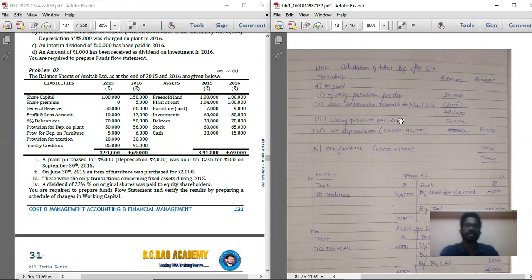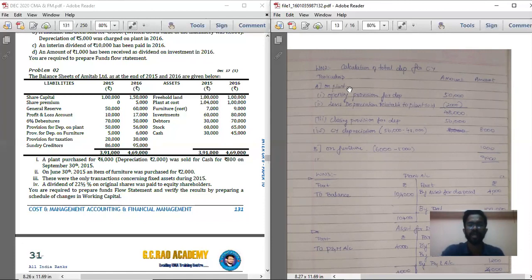So three columns: particulars, amount, and amount. Below that, particulars, capital A. First we will calculate on plant, then on furniture. On plant, depreciation was not given, and on furniture also it was not mentioned directly, whereas there is some difference in the totals. So using that, we can easily find the current year depreciation.